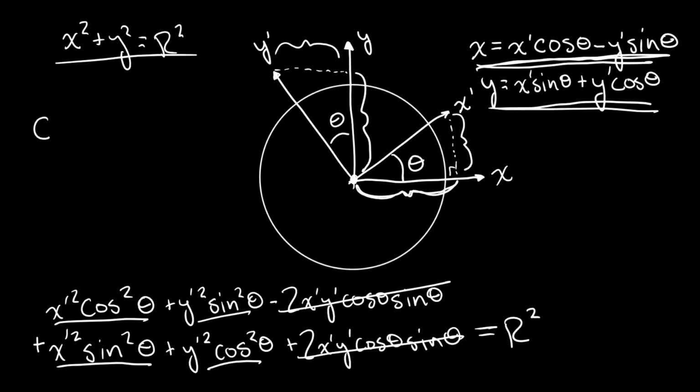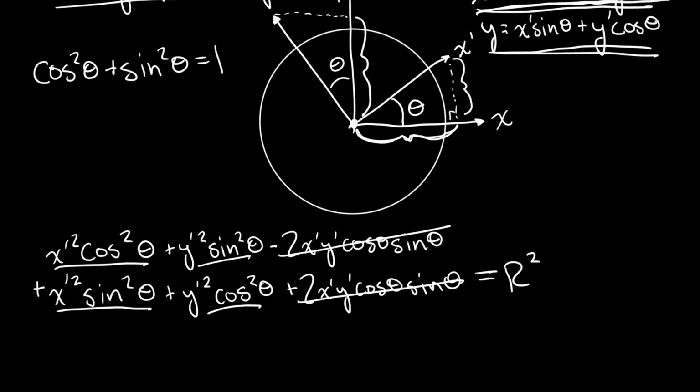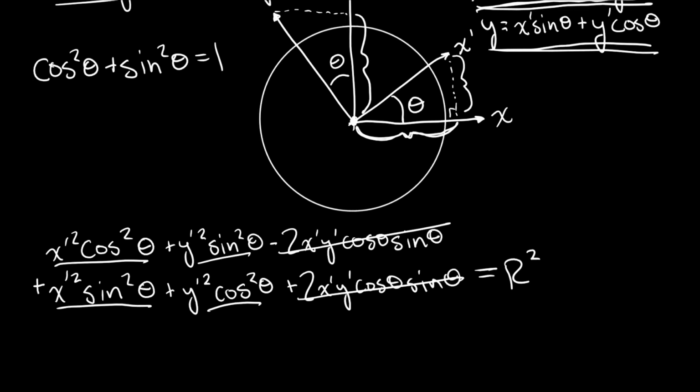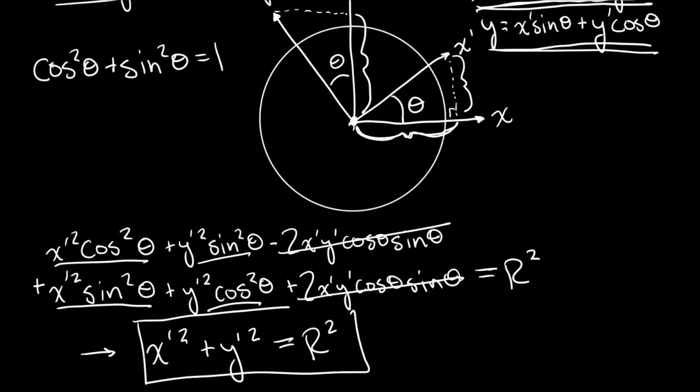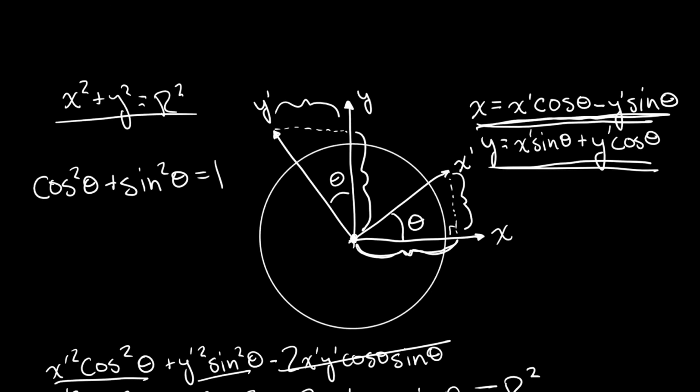I can use our nice little trig identity that cosine squared plus sine squared is equal to 1. And what we find is that after simplifying, this becomes x prime squared plus y prime squared equals r squared, which, of course, is exactly the same as what we had here.